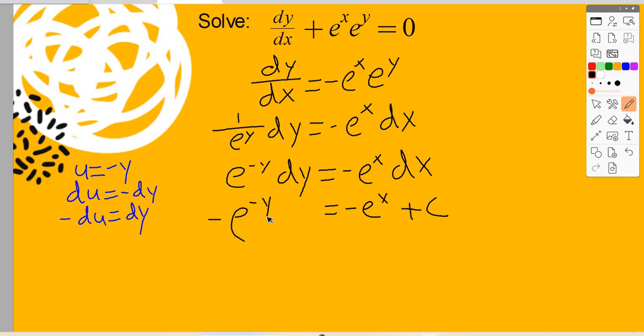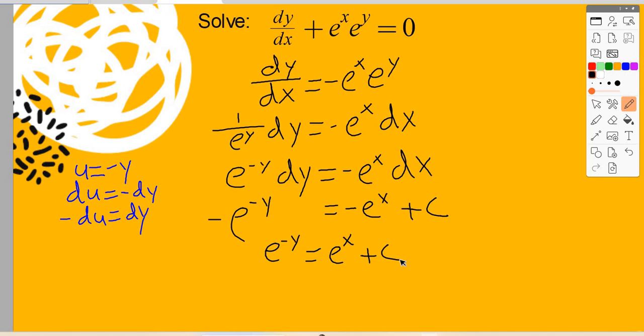So first off, notice that these are both negative. So if I multiply everything by a negative, is a negative c still a constant? Yes. Yep, so I can still put a plus c. And then I could take the natural log of both sides, right?